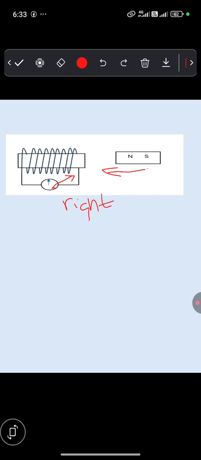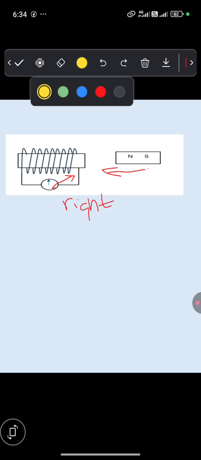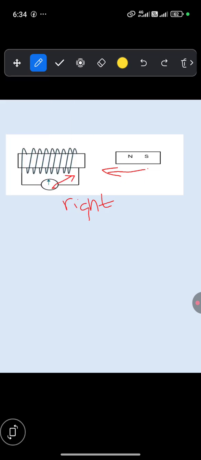If the magnet approaches, the needle also approaches, so they're going in one direction. Now, if you pull the magnet away, if you pull out the magnet, then the needle will also go away.